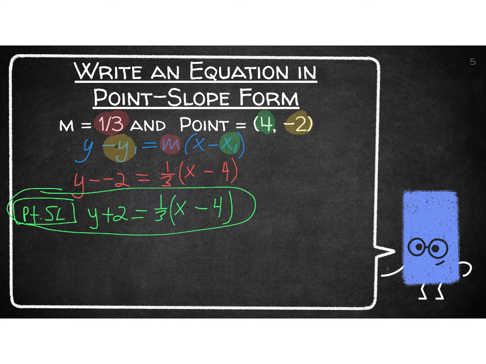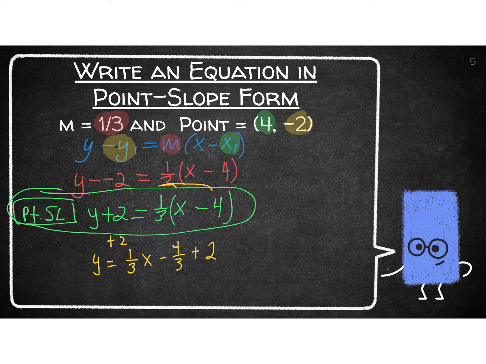And then if we go a step further and we find slope-intercept form, we need to add the 2 and distribute the 1/3. So that'll give me y equals 1/3 x minus 4/3, and then I add the 2.